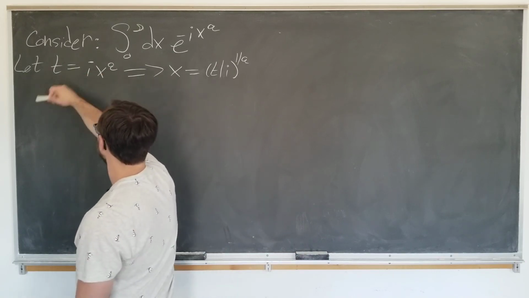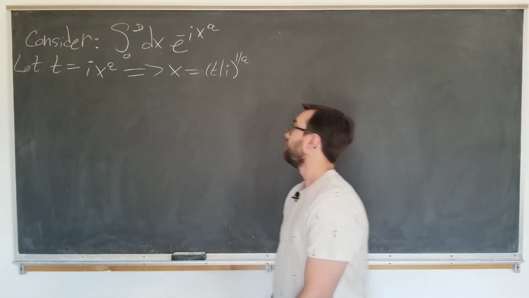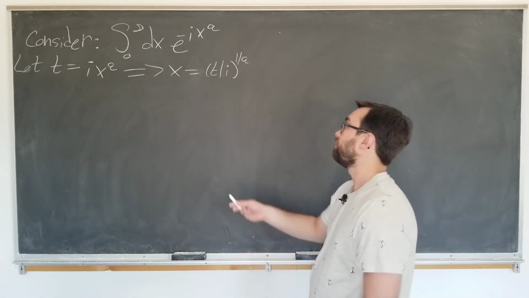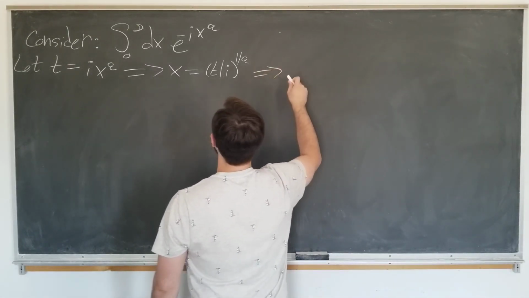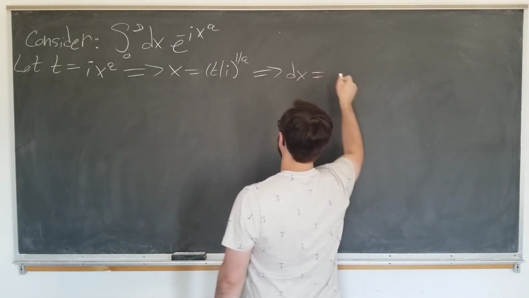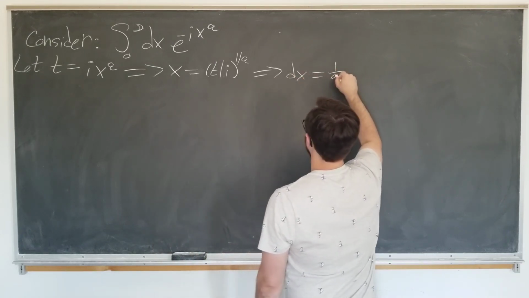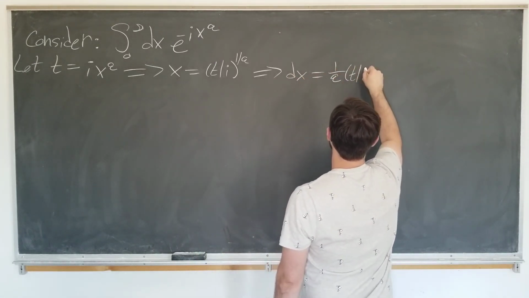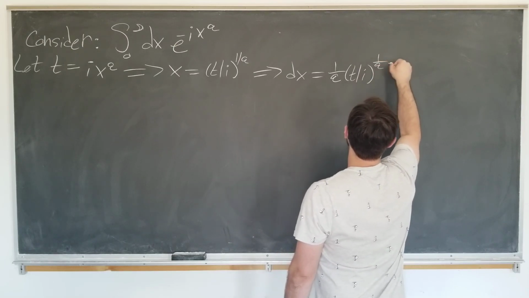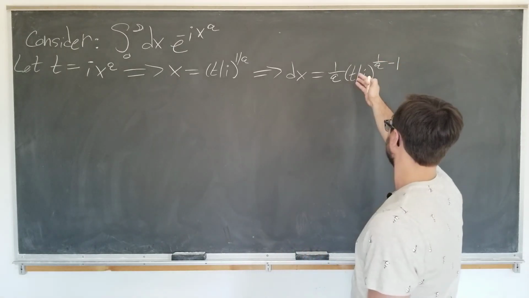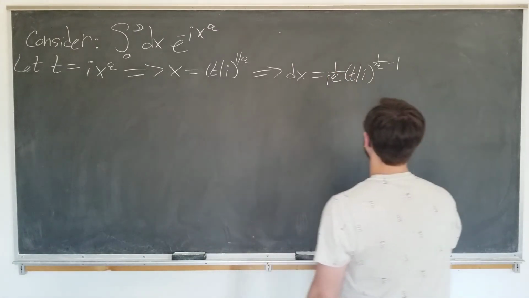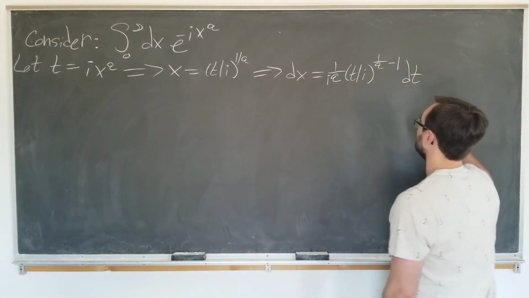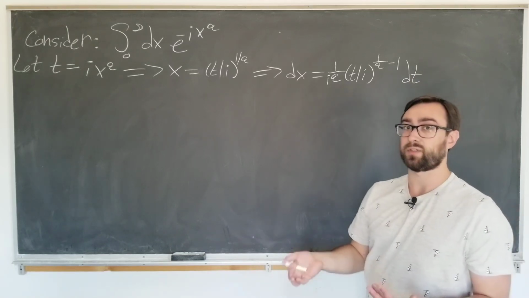You just divide by i on both sides and take the 1/a root, and now we can find what dx is going to be pretty straightforwardly. It tells us that dx is simply 1/a times t over i to the 1/a minus 1, and you have to multiply by 1/i here, so just put 1/(ia), and we need the dt, of course. This is our new integration variable.